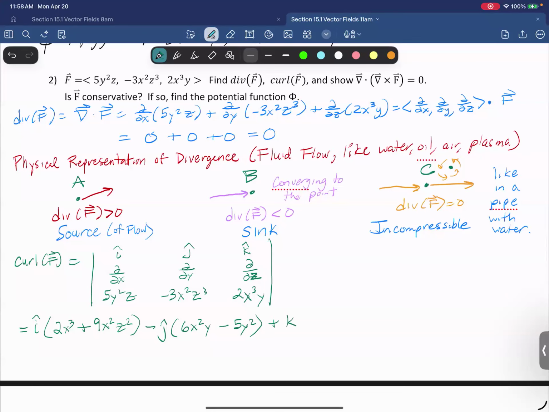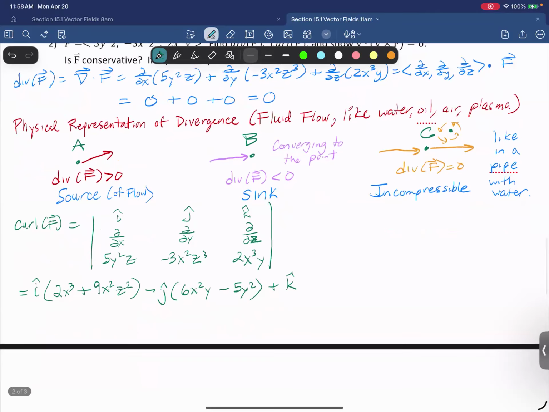And then I have plus k hat of ddx of negative 3x squared y cubed, or z cubed, which is negative 6xz cubed. Then we have minus ddy of 5y squared z, which is 10yz. And that's my curl of f.